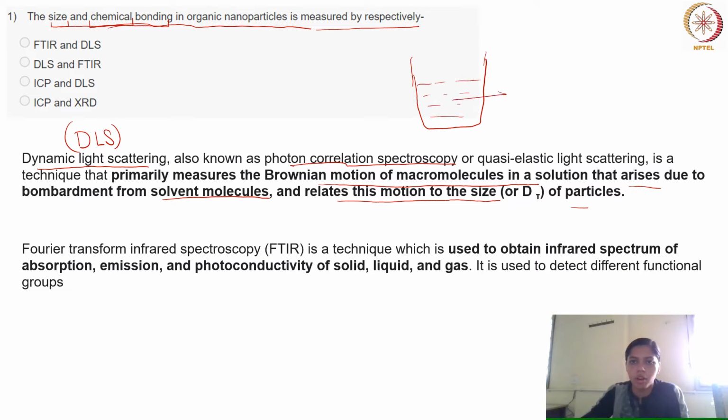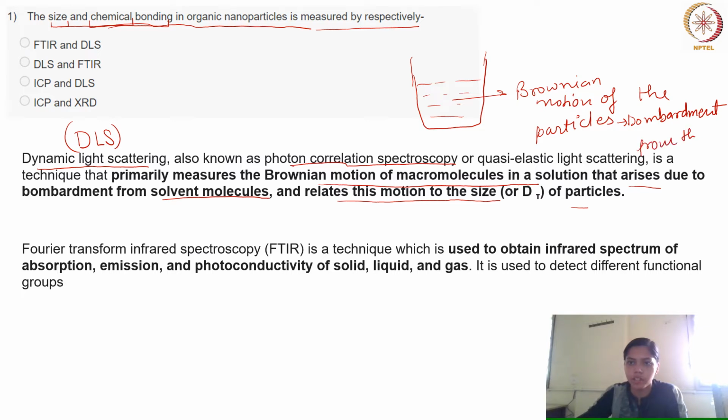okay, so the Brownian motion of the particles, which is basically due to the bombardment from the solvent molecules, can be related to determining the size of the particle.